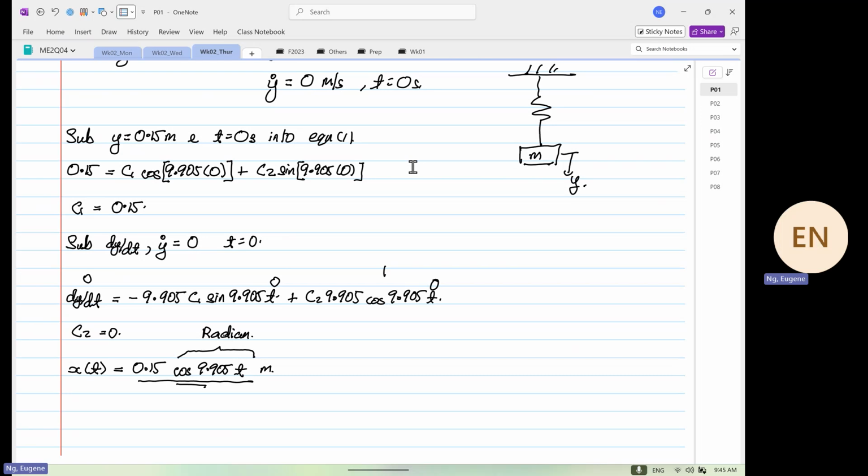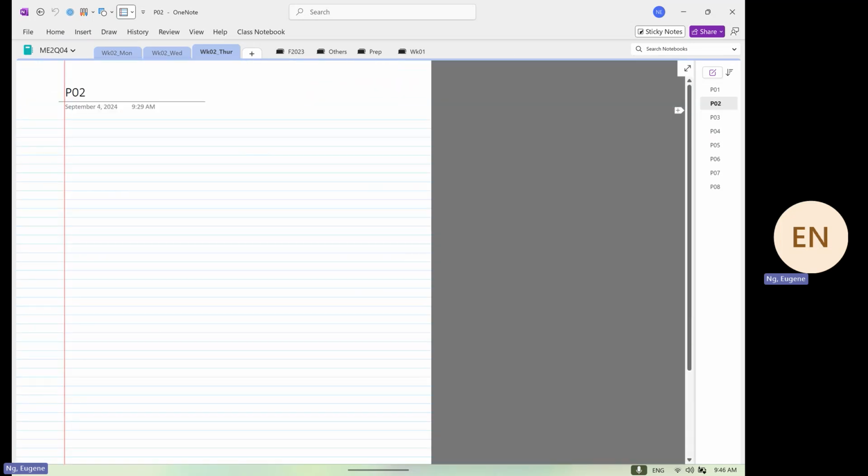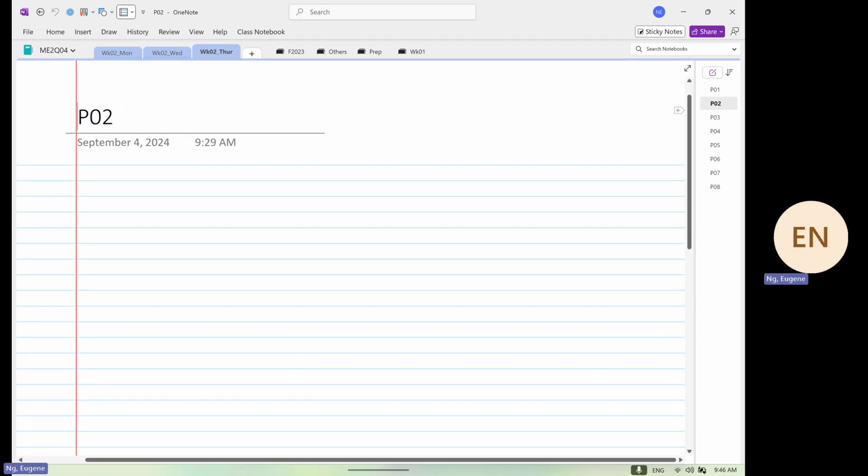Today we're going to deal a lot with these sorts of problems. So the next thing that we're going to do is sketch the free body diagram of an undamped system.